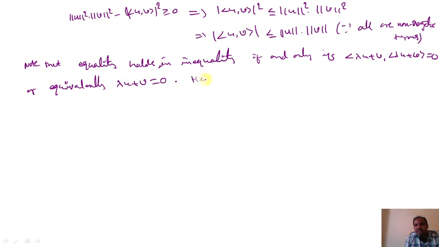Hence, when that inner product is 0, the vector is 0. Hence, u and v are linearly dependent.